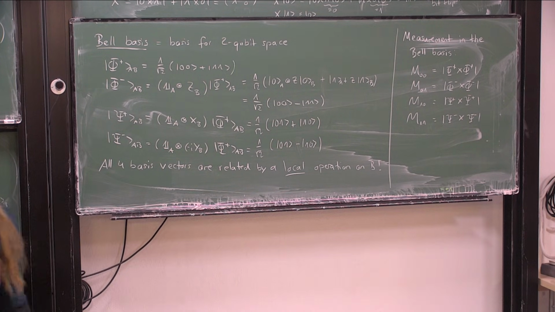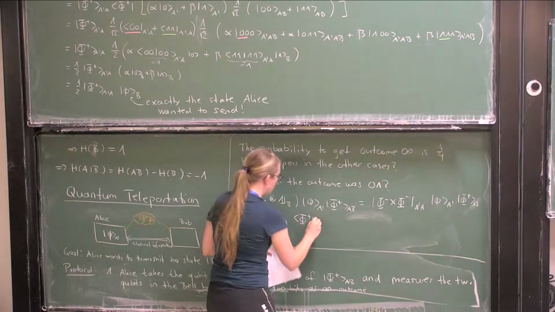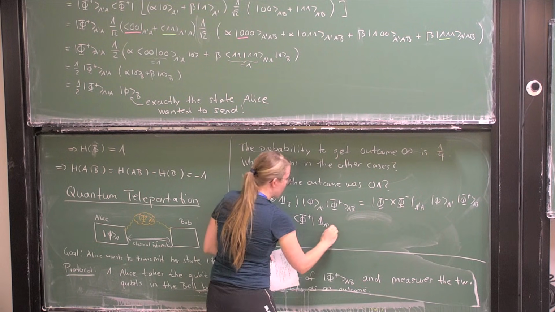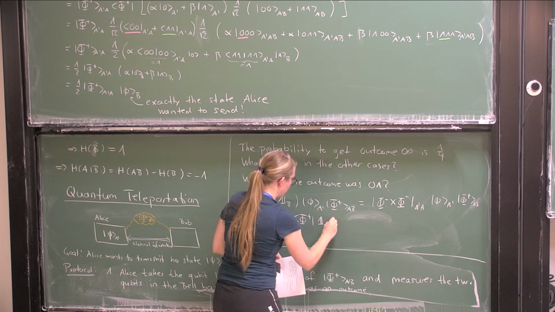That means I can rewrite this phi minus here. This state here I can rewrite as phi plus, where I have applied the Z operator to the second system, so to A.